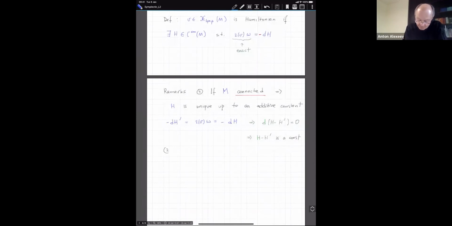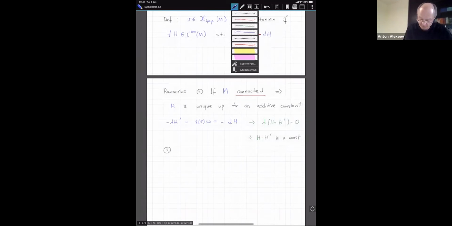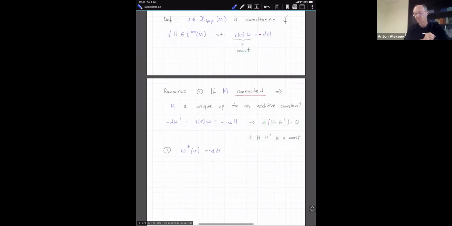Now, in the other direction, we have this omega flat of v is equal to minus dh, and then we decided that we can invert omega flat, and this means that for a given h, there is a unique v which satisfies this condition.